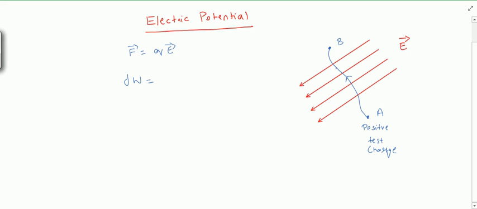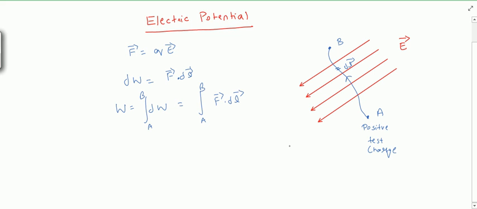So suppose I am moving for a small length dl and that will be given as F dot dl, dot product of force and displacement. So to find the total work done, I have to integrate this for this path A to B. So it becomes integral A to B F dot dl.